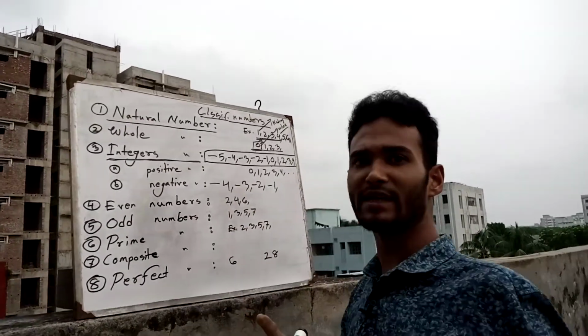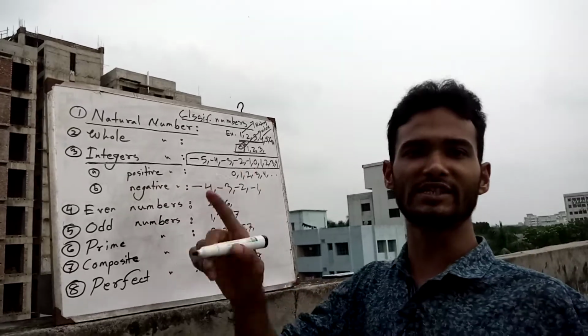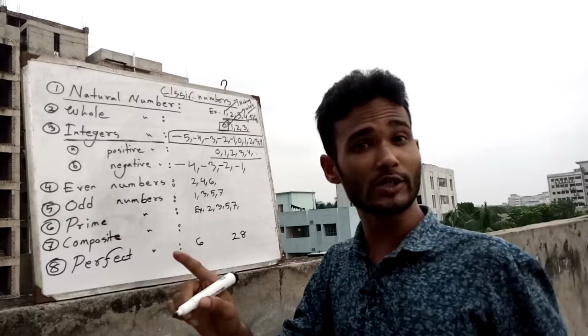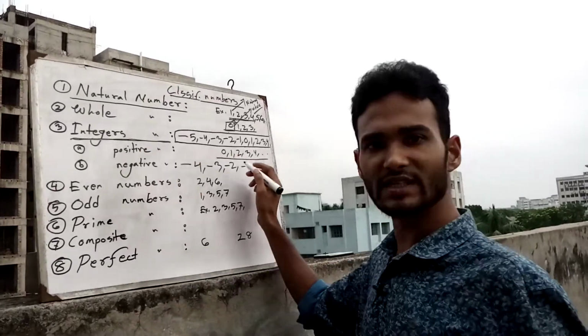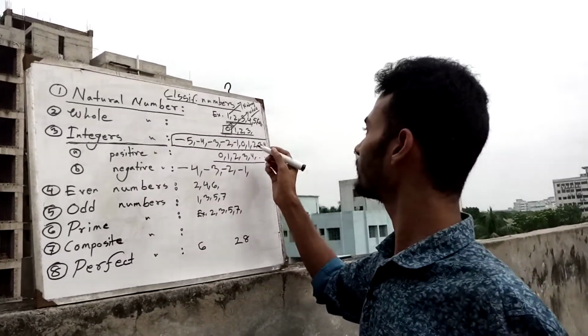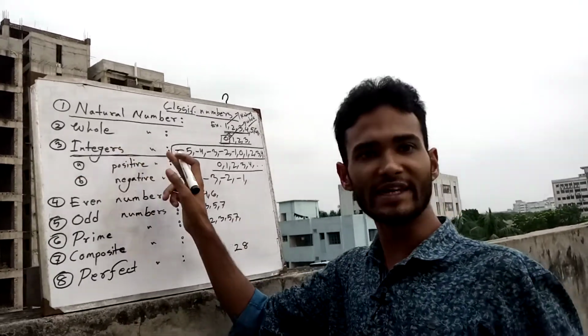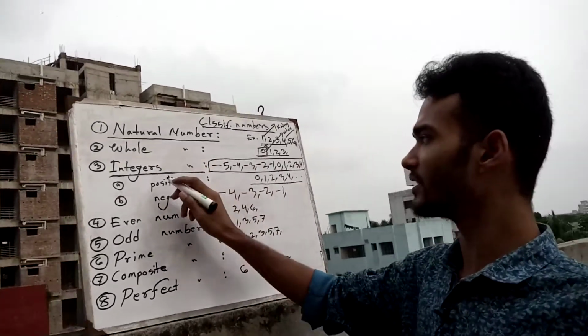All counting positive numbers including 0 are called positive integers, and all counting negative and counting positive numbers including 0 are called integers.